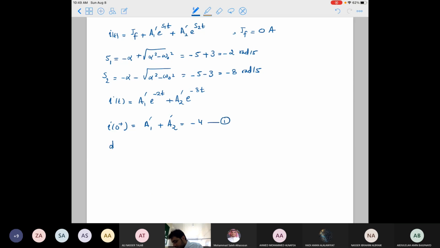The second equation, I need to find the derivative of the current with respect to time. And this is going to be minus 2 A1 prime minus 8 A2 prime.